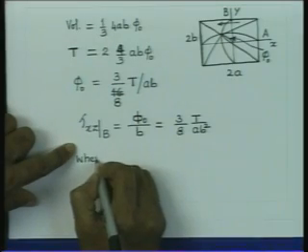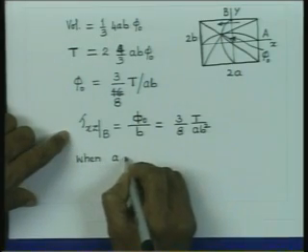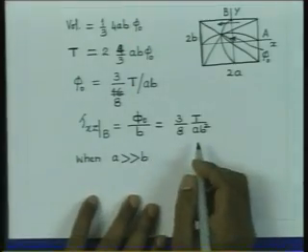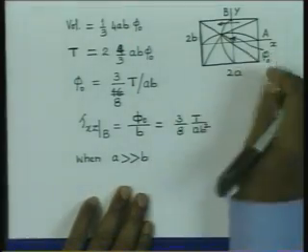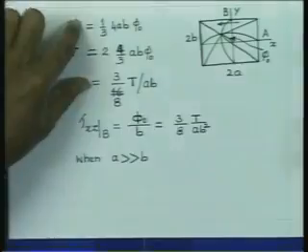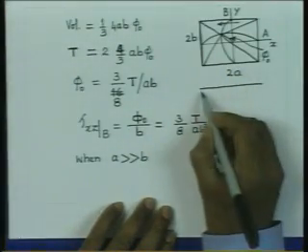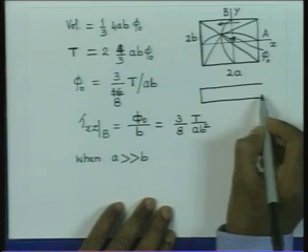When A is very large, in fact, when you think of this cross section as elongated in this direction, it becomes a narrow cross section like this.